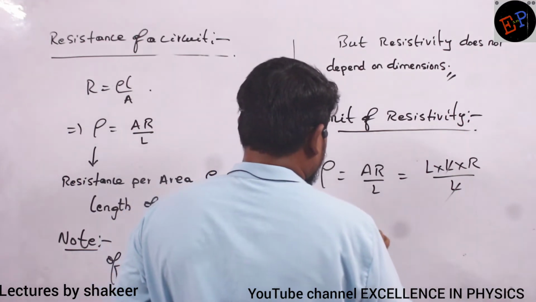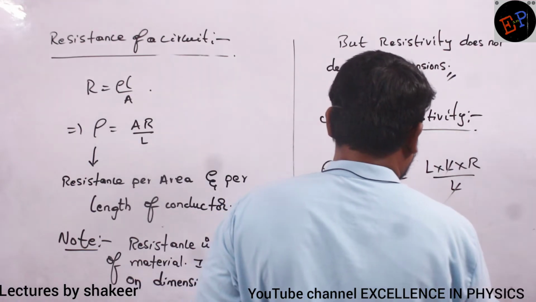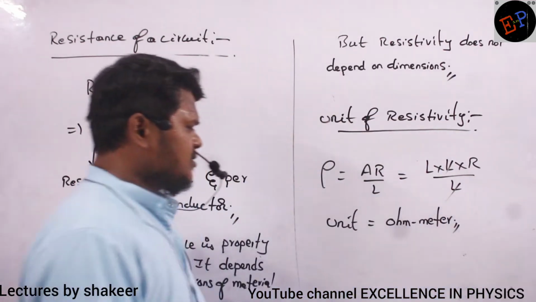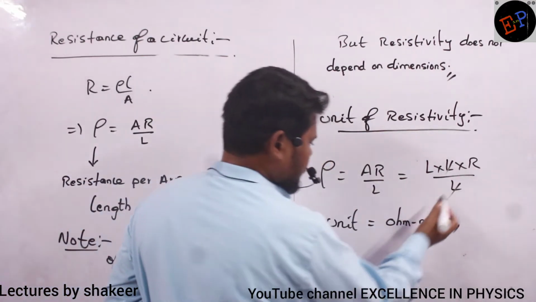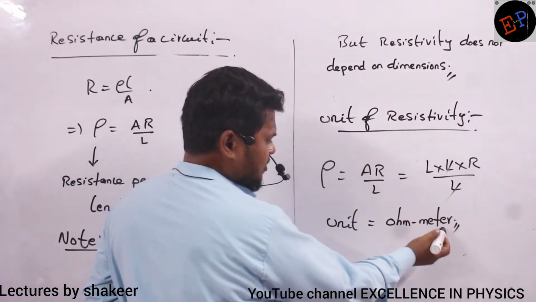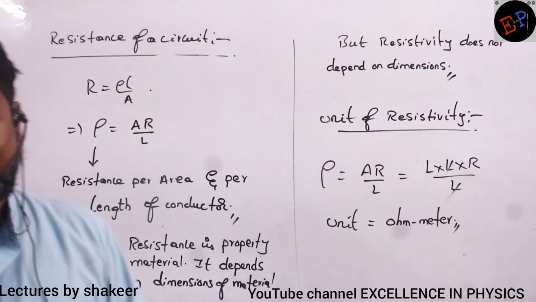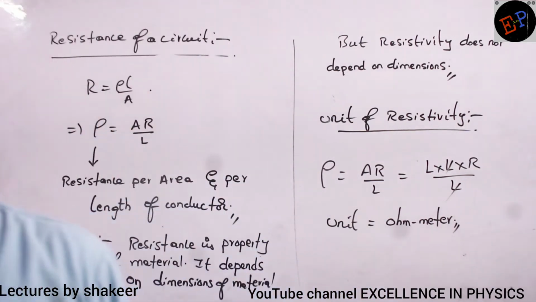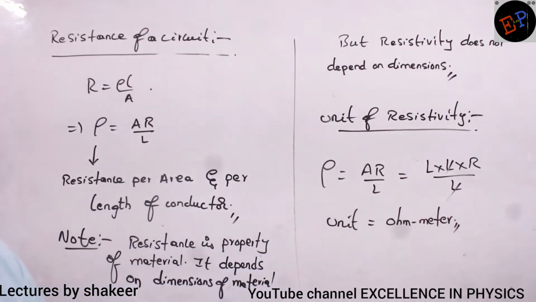So the unit will be how much? Ohm meter. Ohm meter is the unit of resistivity. Resistance is measured in ohms, length is measured in meters. So ohm meter is the unit of resistivity. Ohm is the unit of resistance. Remember, up to here we will continue.